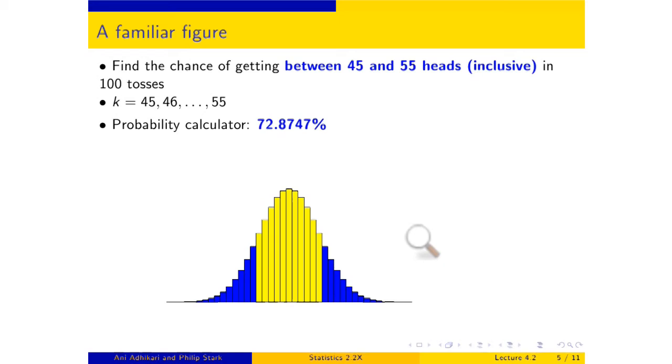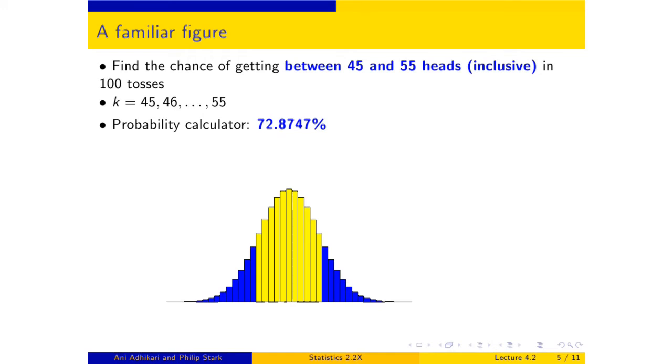And it just happens to have shaded these yellow bars, the bars 45, 46, 47, 48, 49, 50, 51, 2, 3, 4, and 5. It is precisely this yellow area that you are trying to find. The online calculator says it's 72.87 and a bit percent.